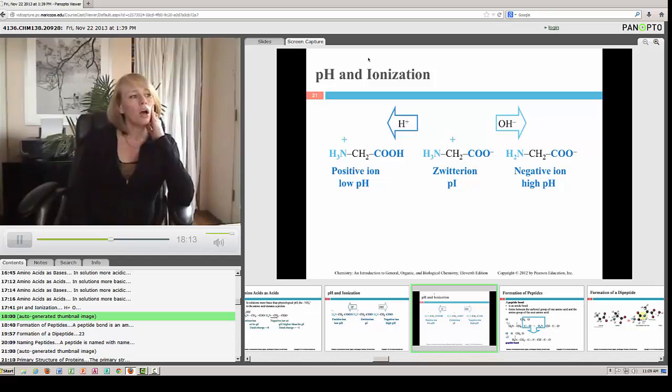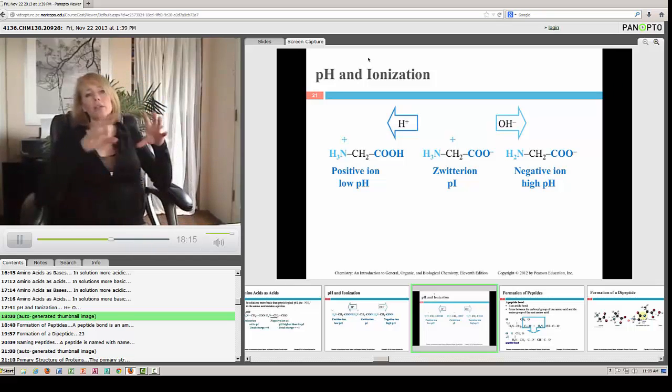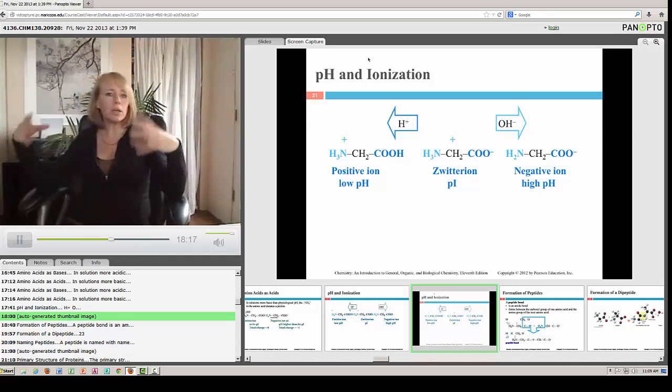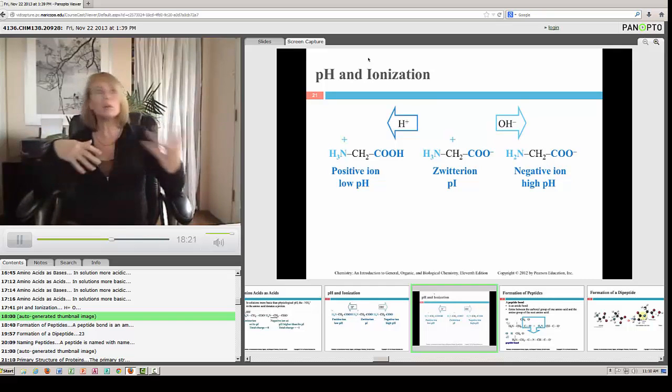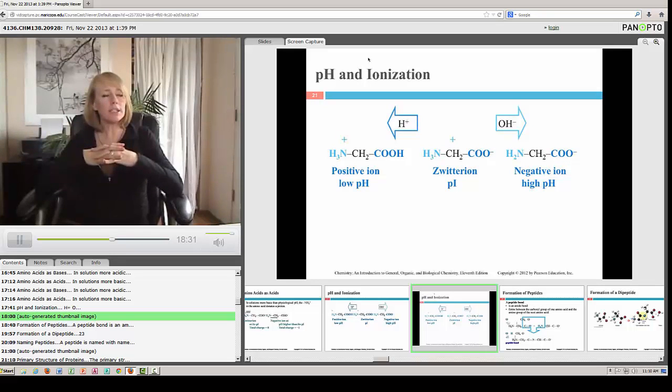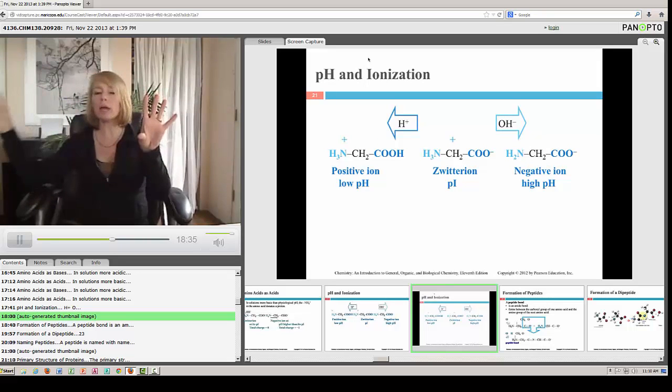Okay. All right, so let's talk about how the amino acids actually come together. We understand the characteristics of the amino acids, that they can be polar, nonpolar, acidic, or basic. But we haven't talked yet about what happens with the amino acids when it goes from a monomer to a polymer.